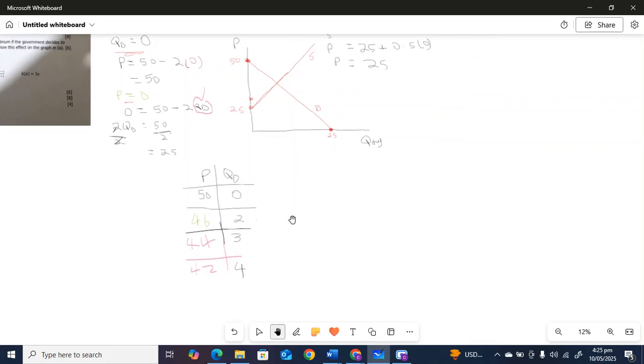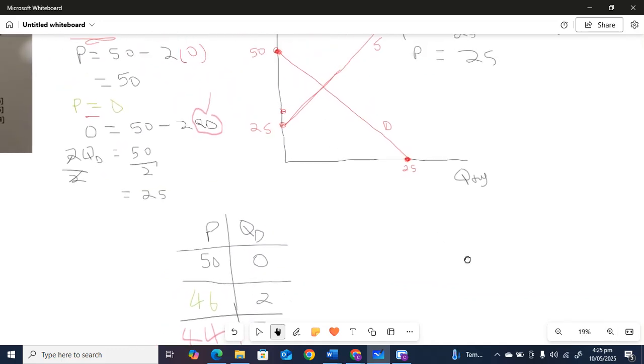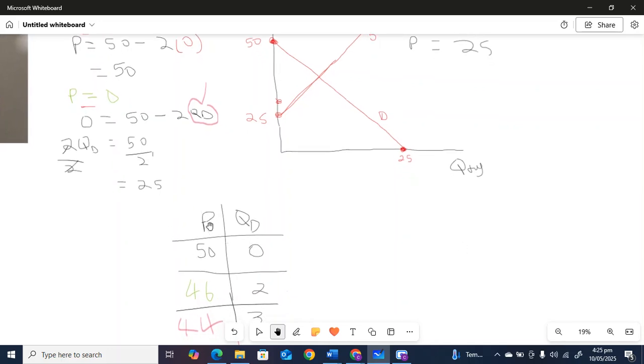Then when plotting, you come to your, this is called a demand schedule, where it's just showing you the values to plot. So you see when QD is 0, P is 50. When QD is 2, so on your graph, you put here 2.